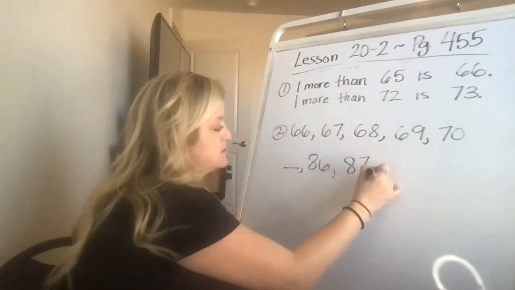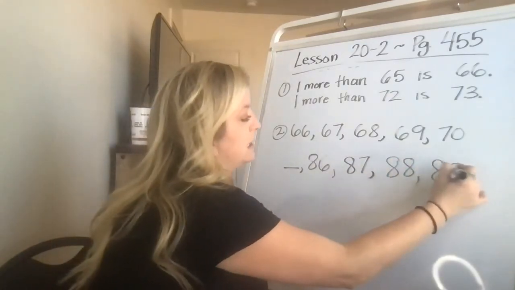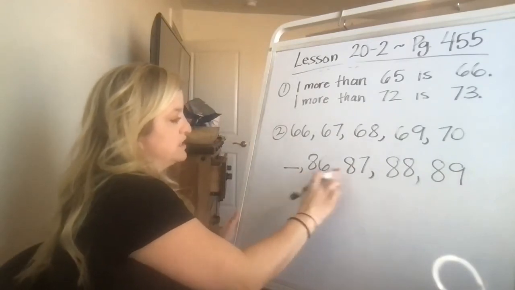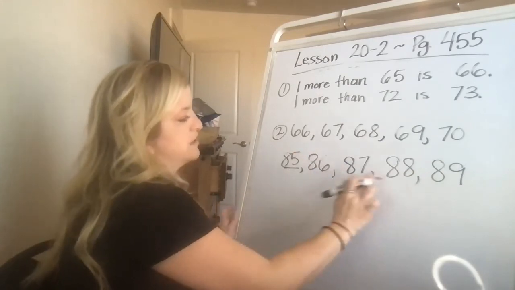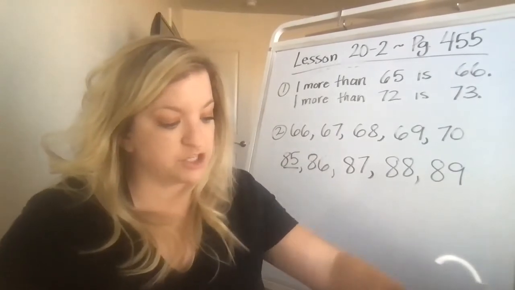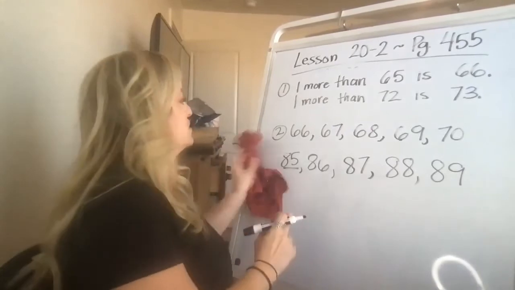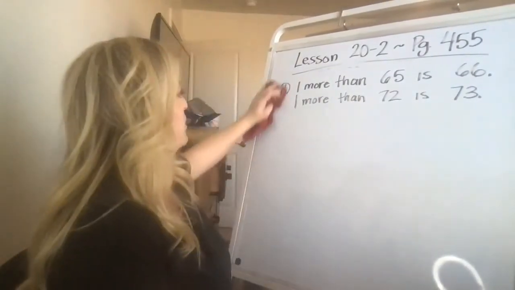Counting on 87, 88, 89. So what comes before 86? Well, 6, 7, 8, 9, 85. Turn the page. It says for number 3, fill in the blanks. Use the chart. So now we're on number 3.